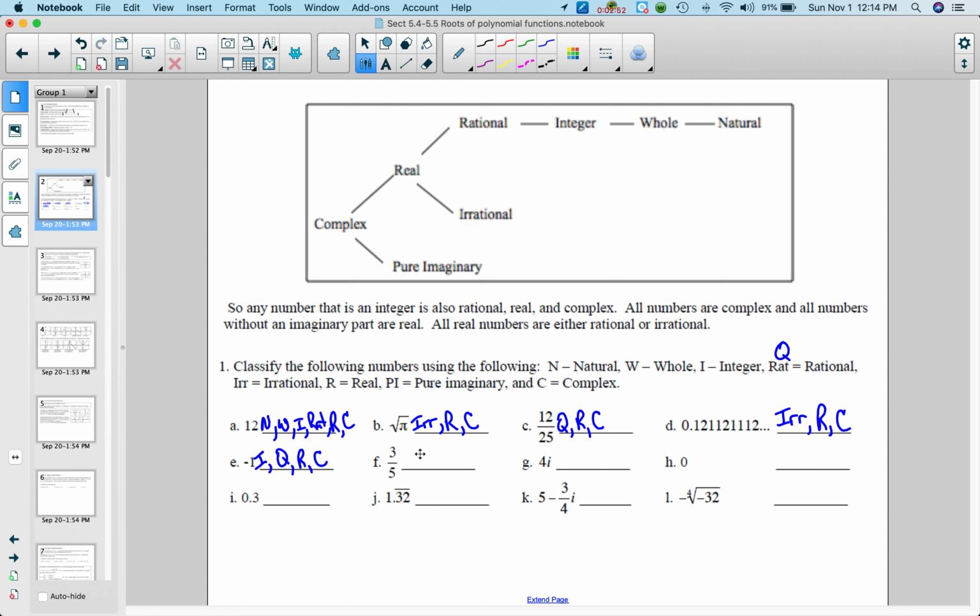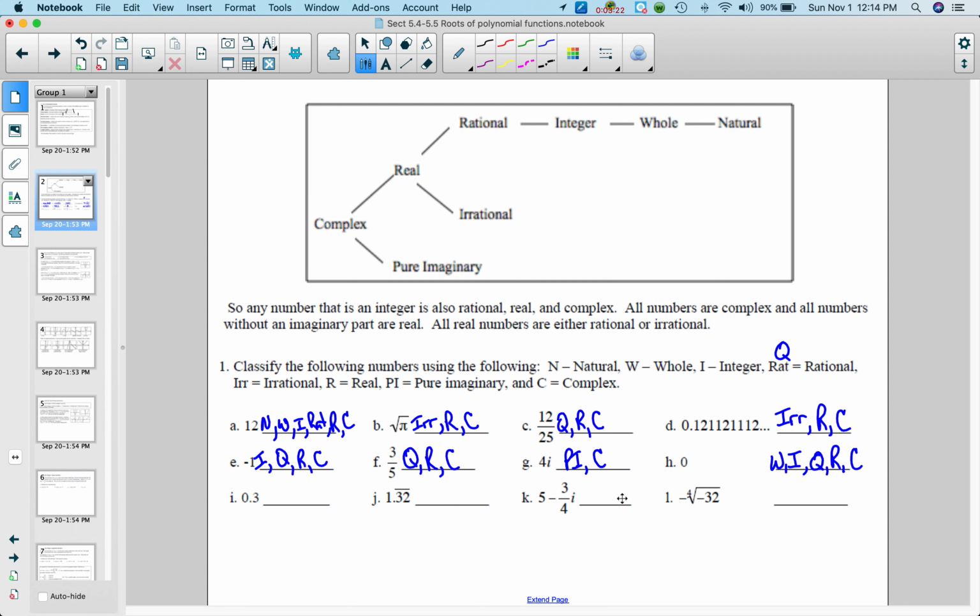I'll just go through these. So this one is rational. Oh, let me be consistent though. Rational, real, and complex. 4i is actually pure imaginary. There is no real number part. So this would be pure imaginary. The number 0 is whole, integer, rational, real, and complex.